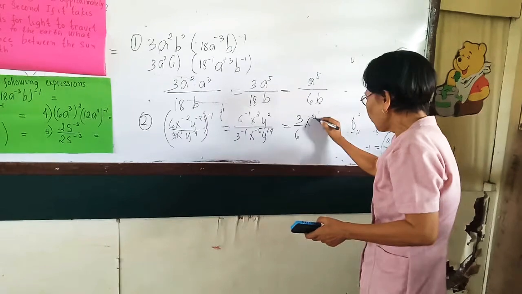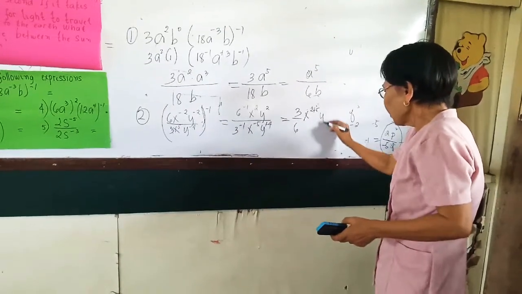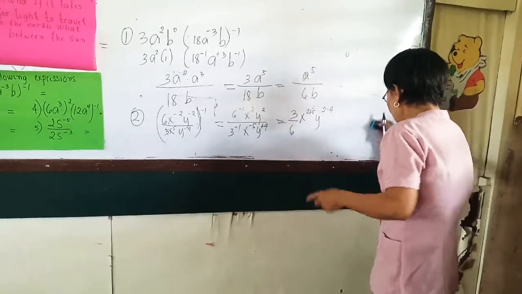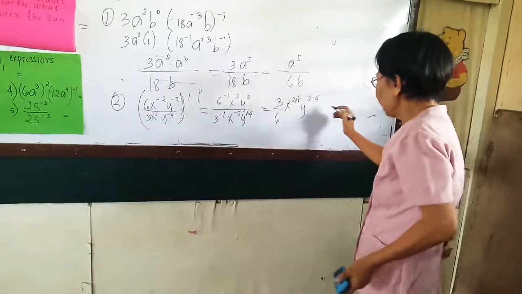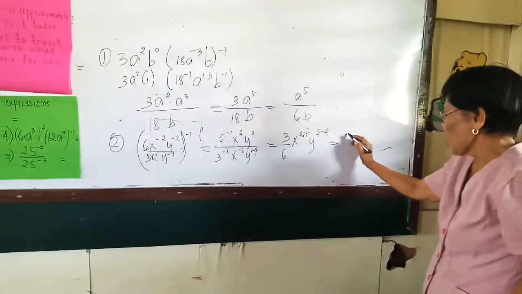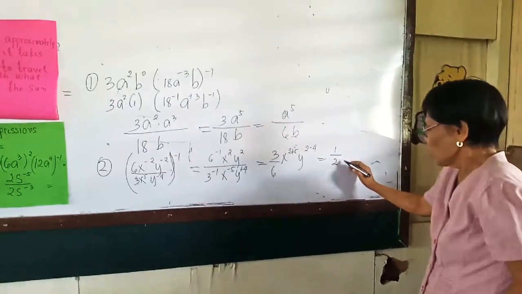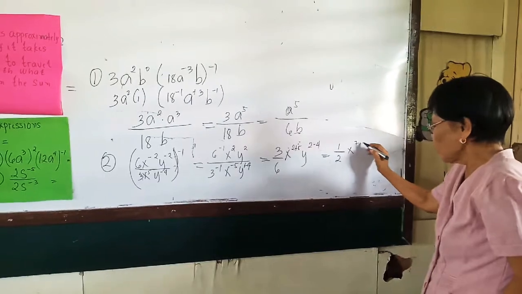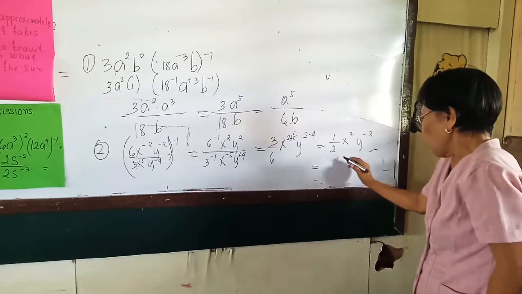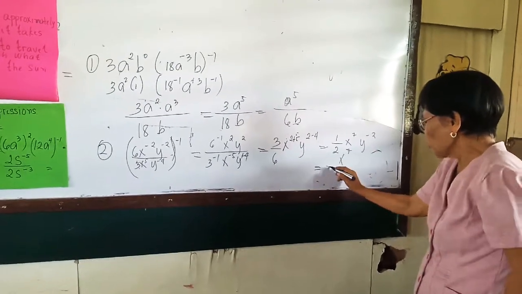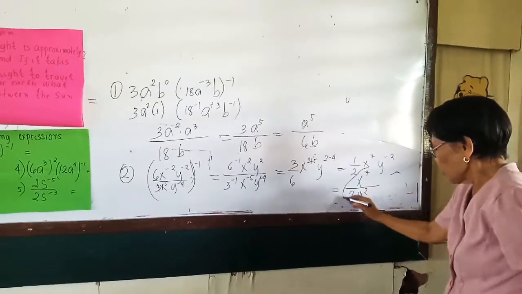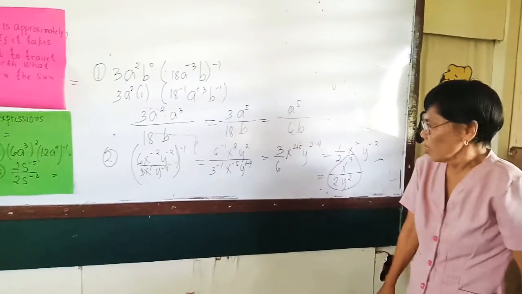So 2 plus 5. Then y equals 2 negative 4. Okay. Simplify. 3 over 6 becomes 1 half, x to the 7, y to the negative 2. So therefore, x to the exponent of 7 over 2y squared. So that is the answer. Any question?